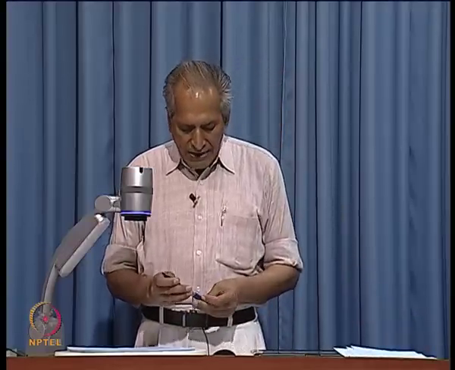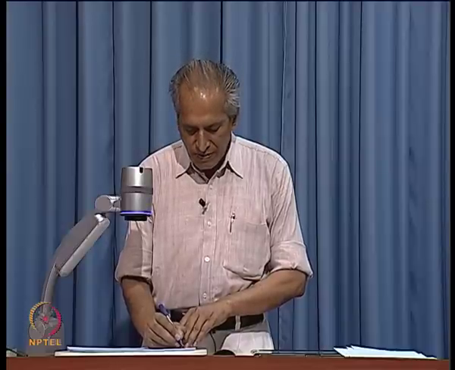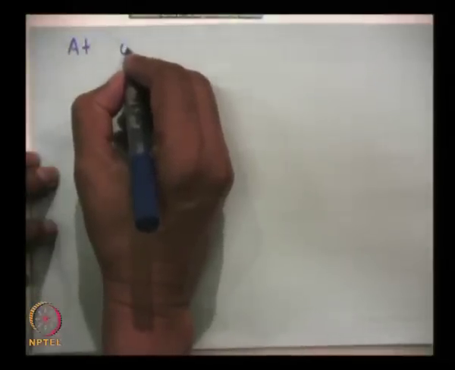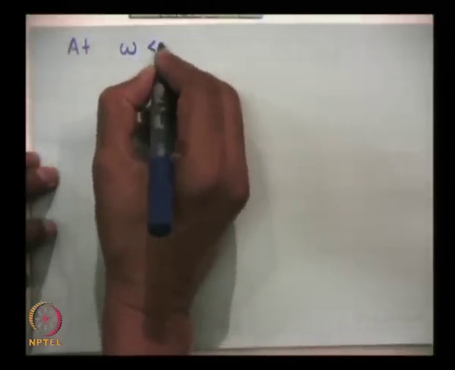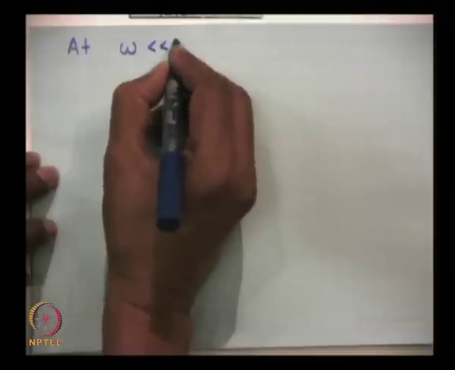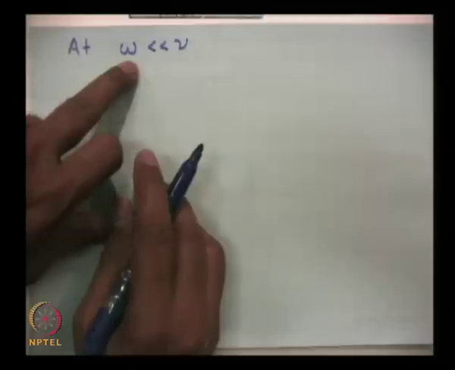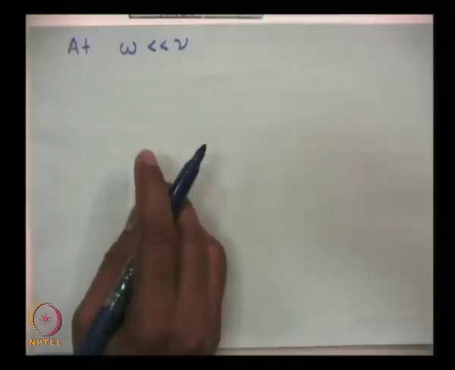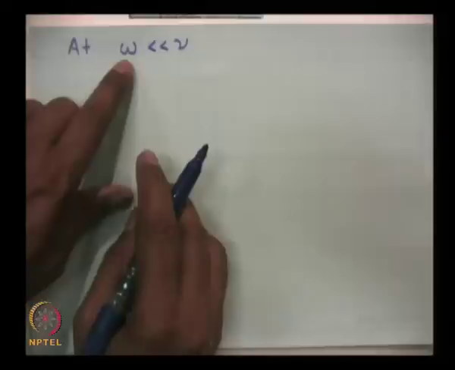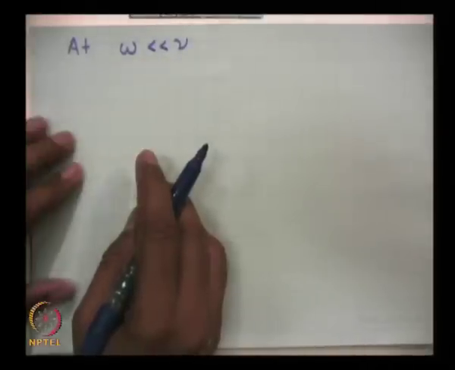Another thing that you may note here is if I am talking of a very low frequency response, at omega much less than nu, what will happen? These are the kind of waves that are of interest in the ELF range, because the frequency of ELF waves is less than the collision frequency.